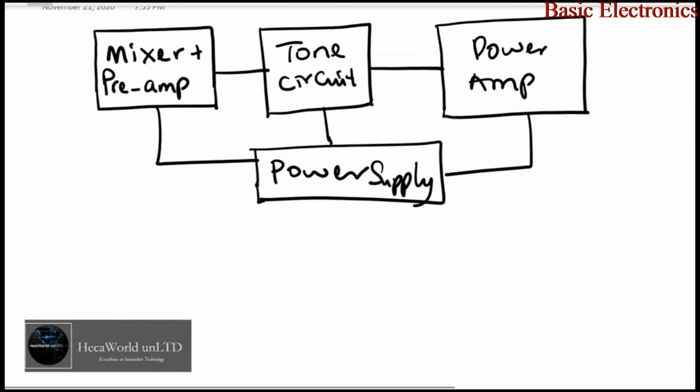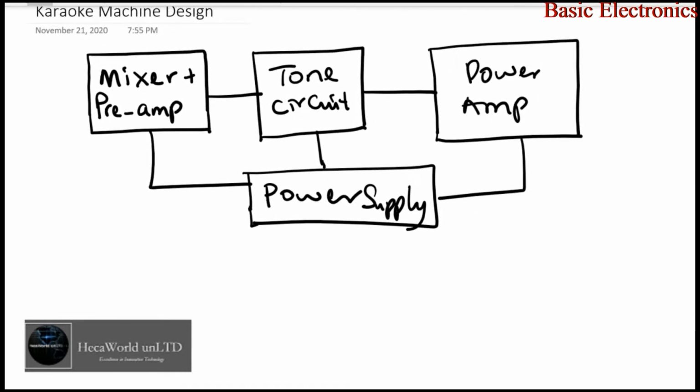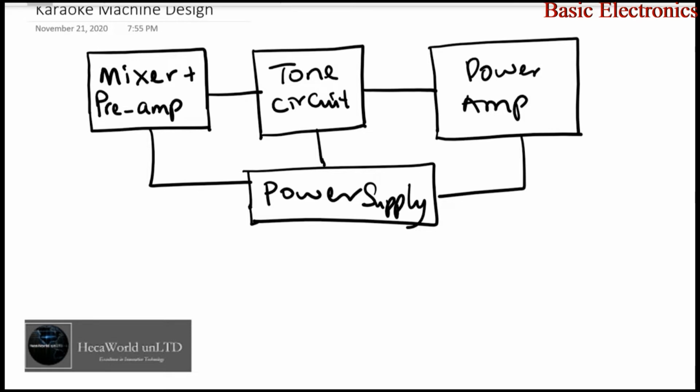So in the order we're going to build it, we're going to build A, then B, then C. D is a given. We need a power supply somehow, so we're going to have D as a given.